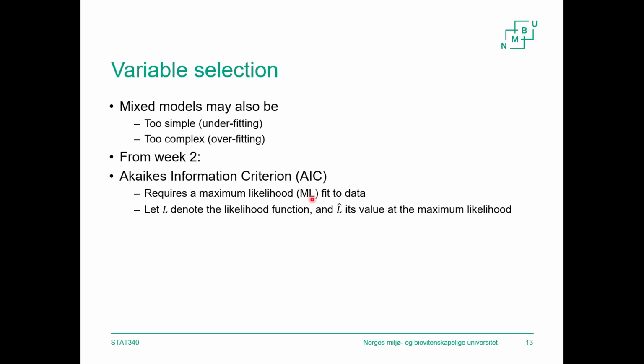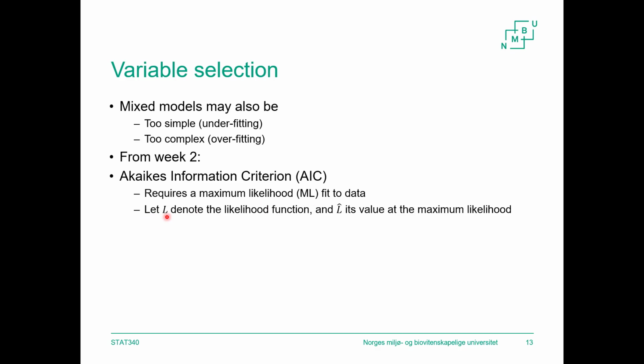You have to have fitted the model using the maximum likelihood approach. And this is why we need, as in the previous slide, sometimes to force the R function to use maximum likelihood instead of restricted maximum likelihood, because we want this AIC criterion for our model.